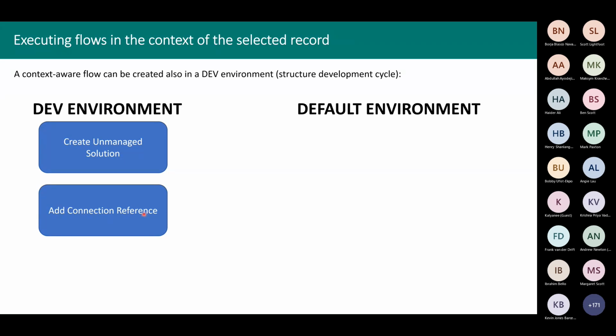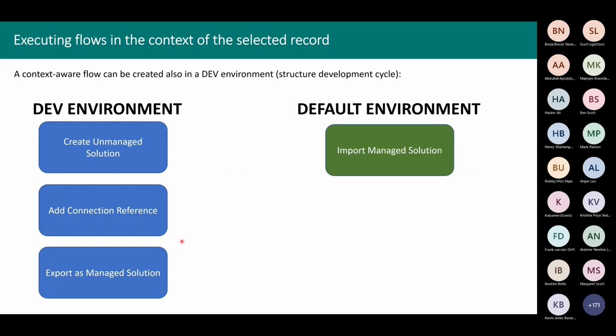And when all is ready, tested and ready to be deployed in production, you export it as a managed solution from the developer environment. Then, in a later step, you import this managed solution into the default environment. And this scenario is also supported for this type of workflows in Business Central.